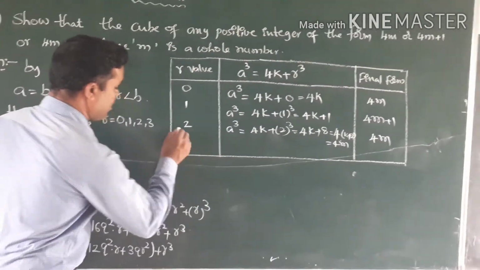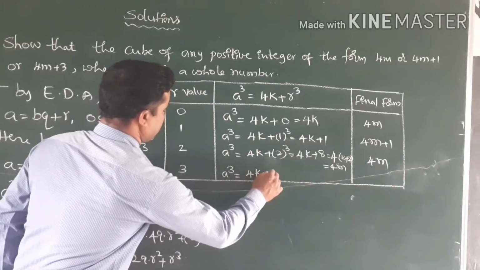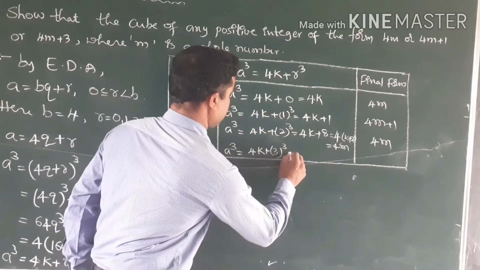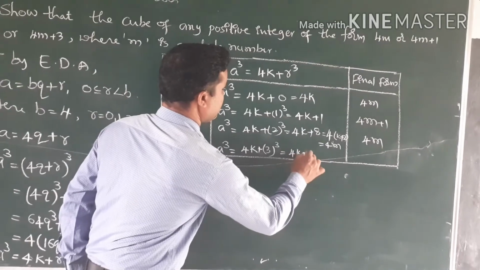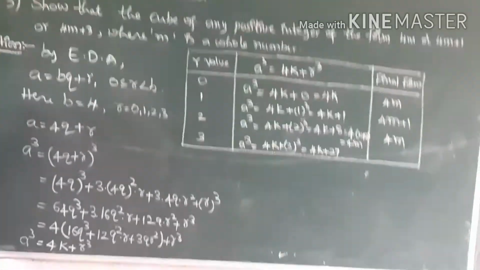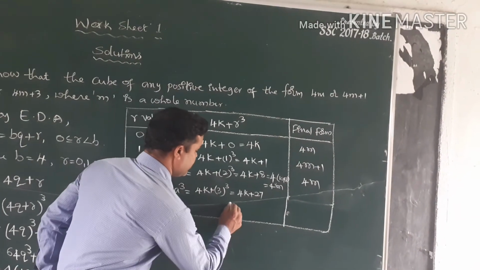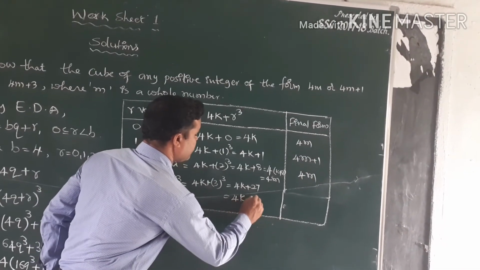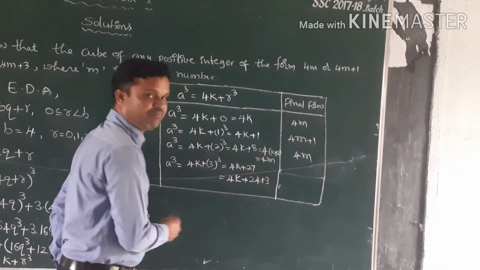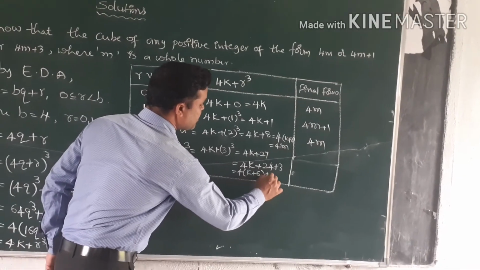Finally, r is equal to 3. a cube is equal to 4k plus 3 cube, that is 4k plus 27, which can be written as 24 plus 3. Here 4 is common, 4 into k plus 6, plus 3.